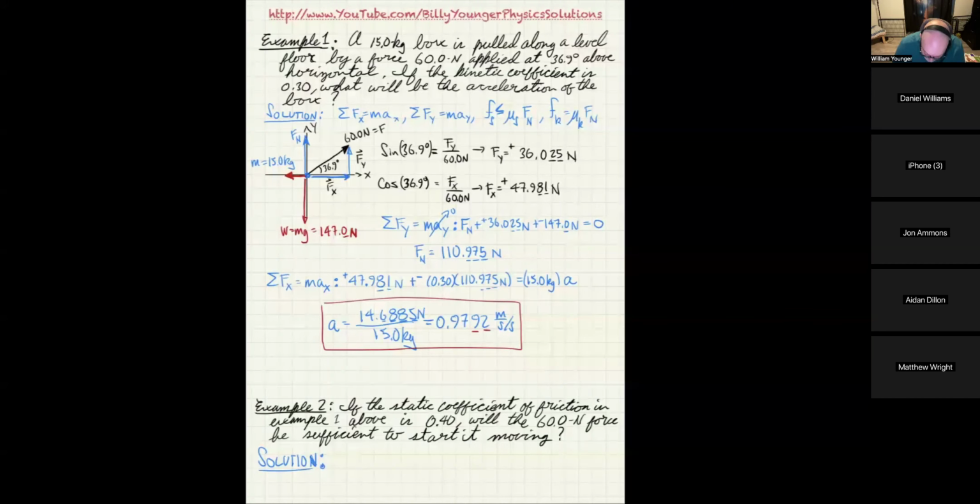So what I know is that the normal force is equal to 110.975 newtons, and therefore the maximum static friction, F sub S max, is equal to 0.40 times 110.975 newtons.